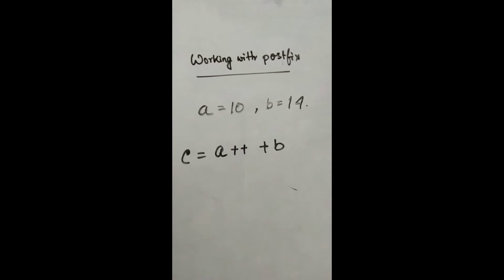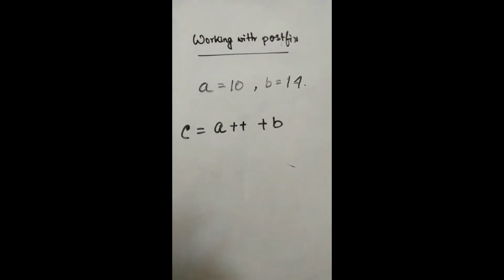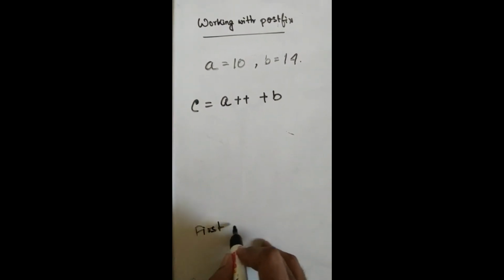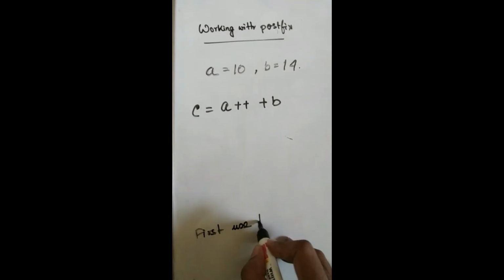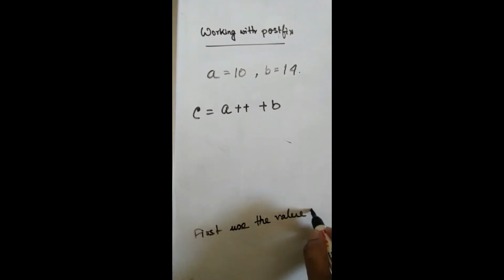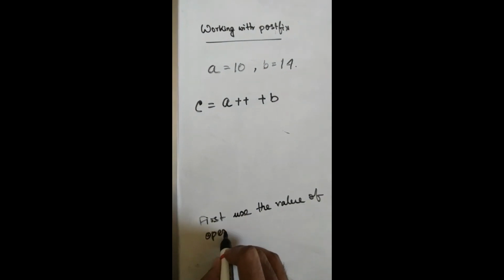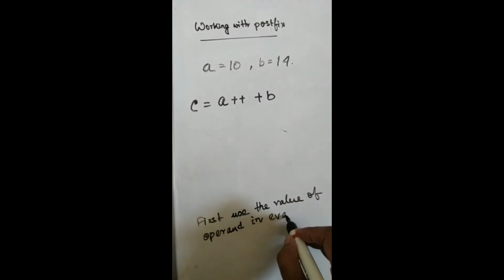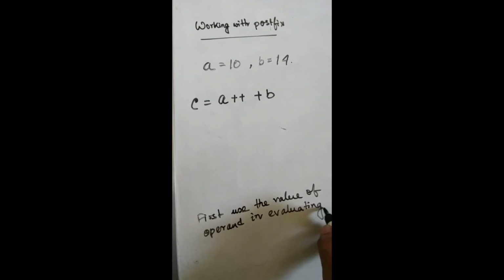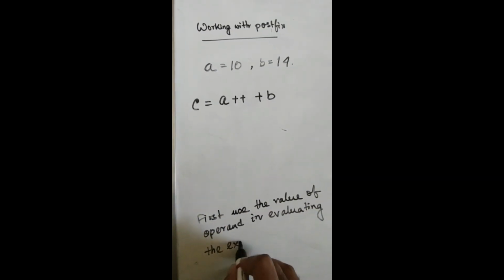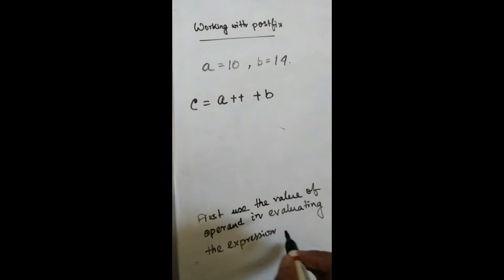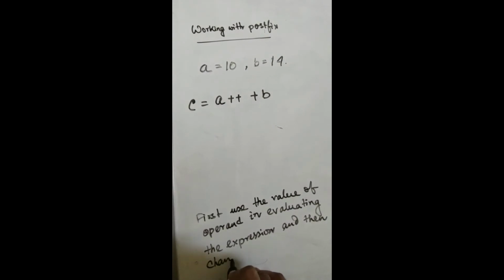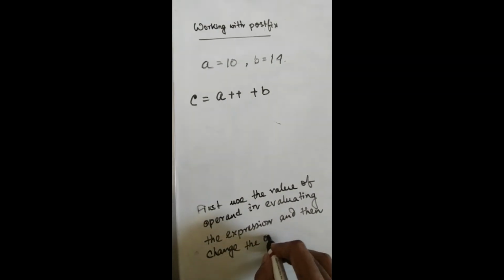In case of postfix increment or decrement operation, we first use the value of the operand for evaluating the expression, then we can change the operand's value.